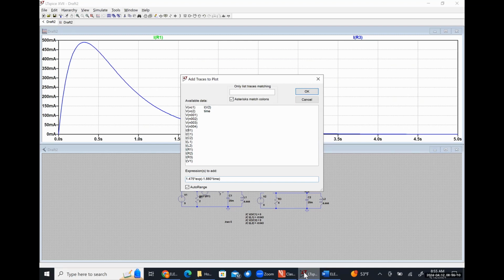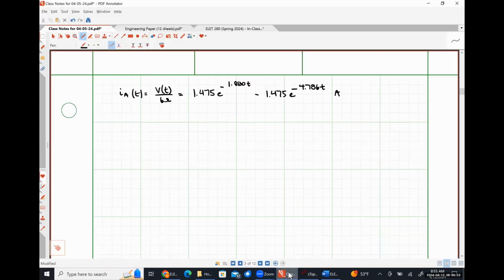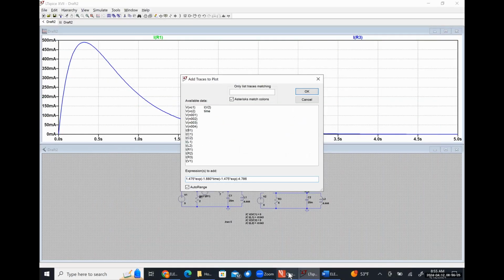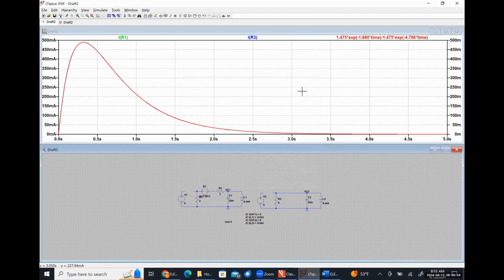Times time, minus 1.475 times exp negative 4.786, if memory serves me correctly. Yep. Times time. And then there should not be a DC component. And our analytical solution perfectly matched our simulation.